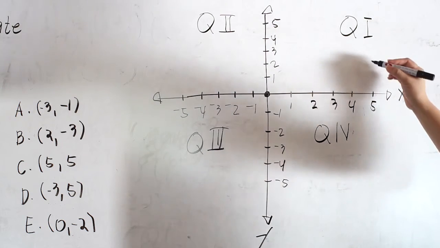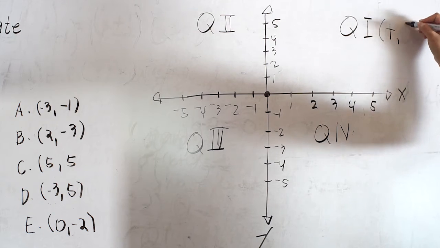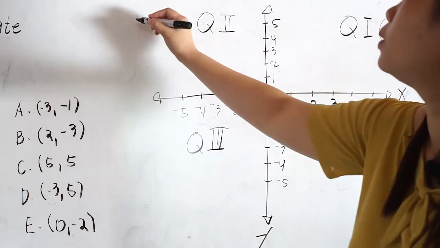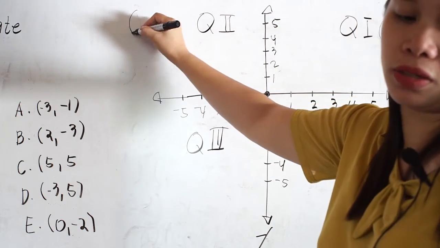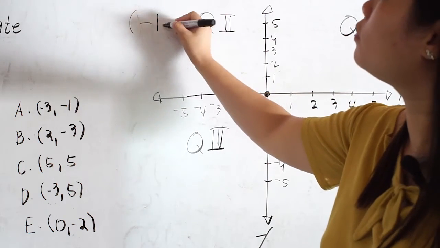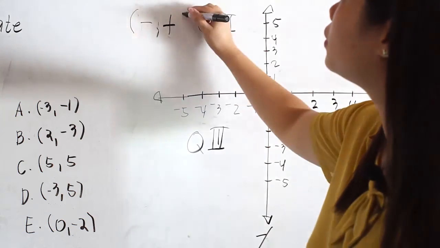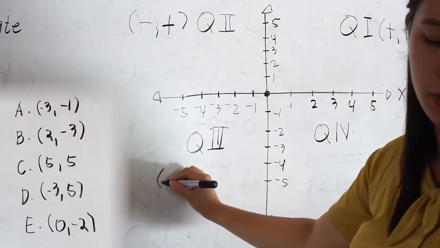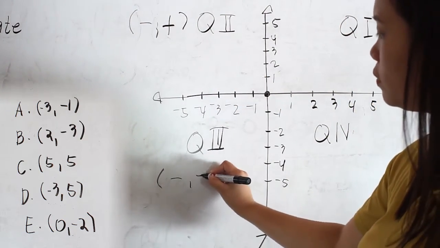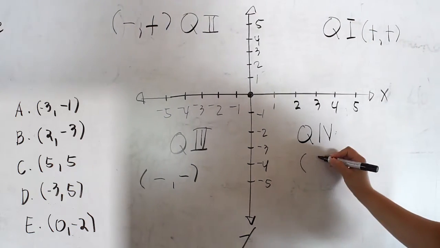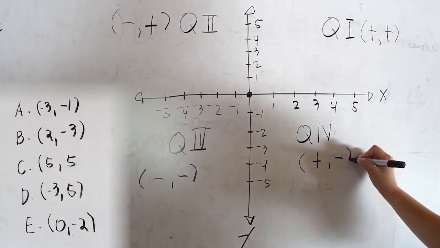Quadrant 1 is positive and positive. Quadrant 2 is negative and positive. Quadrant 3 is negative and negative. Quadrant 4 is positive and negative.